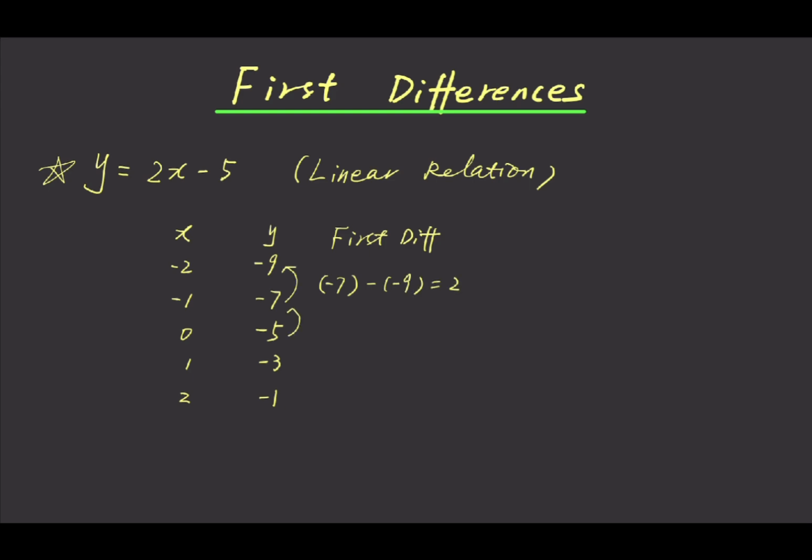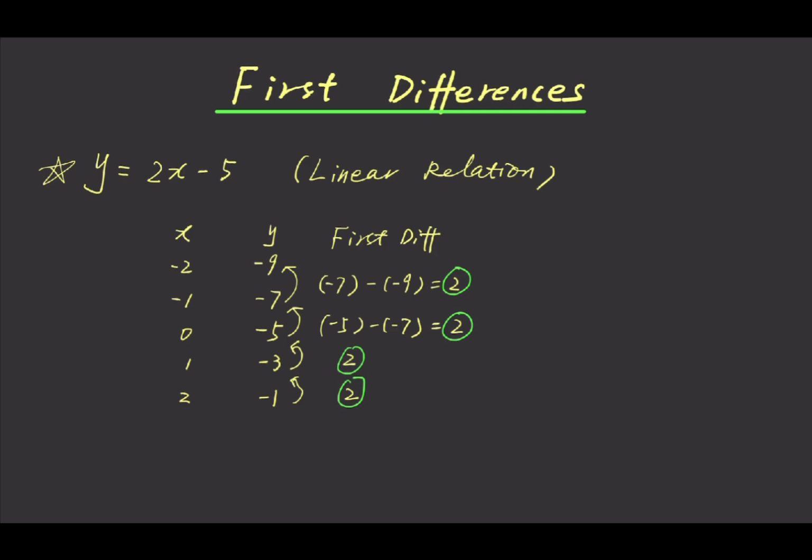Similarly, we use -5 minus -7, we get 2. Similarly, the difference is 2. Here, the difference is also 2. So we get the same number. That is to say, first differences are the same number, a constant.